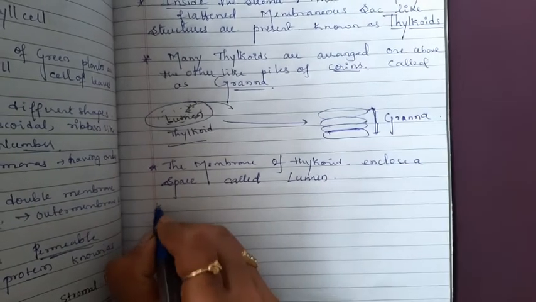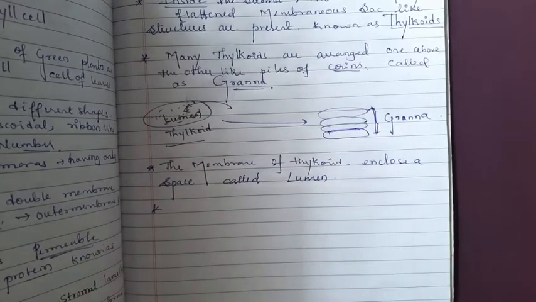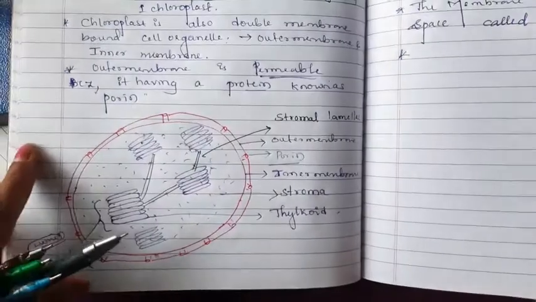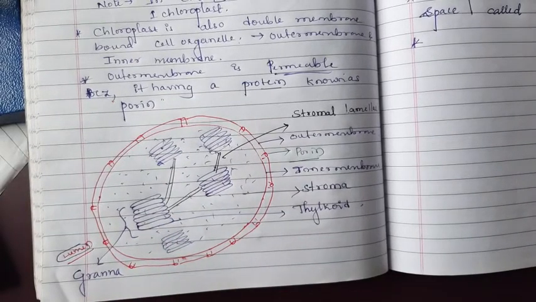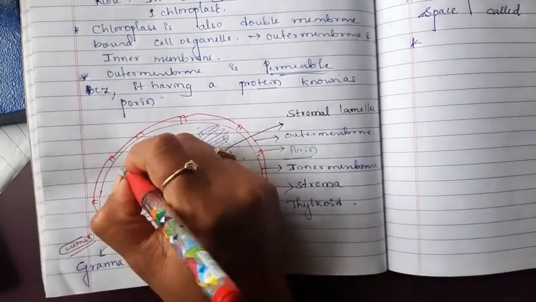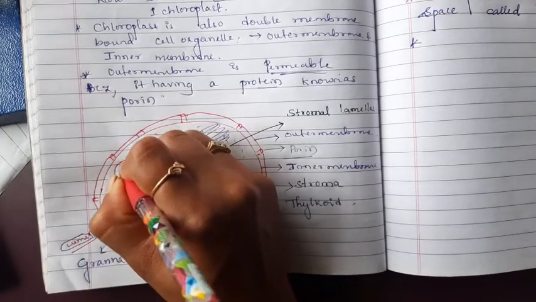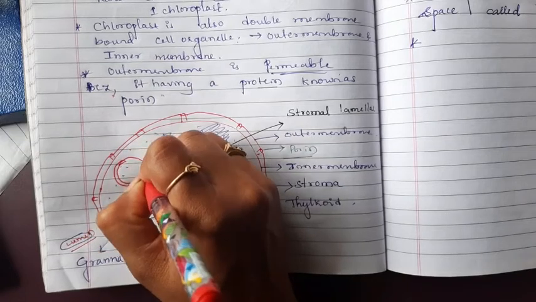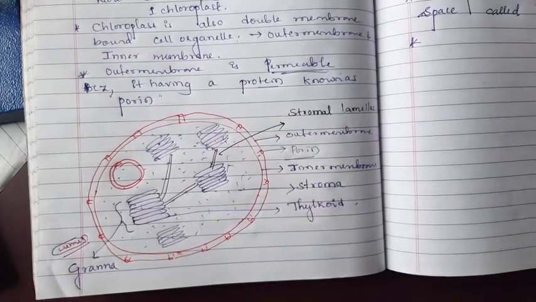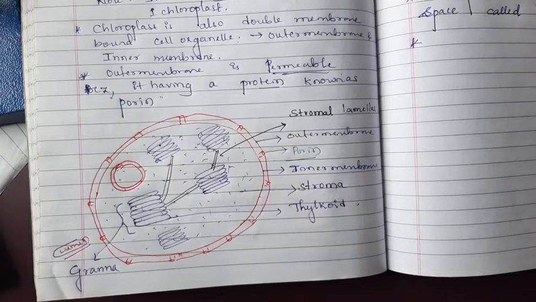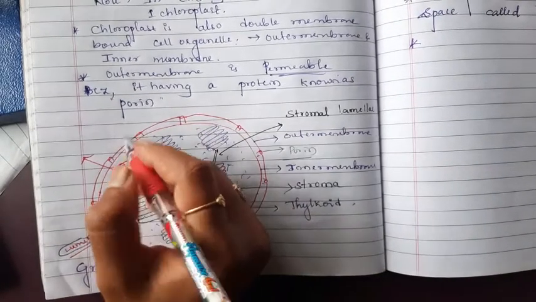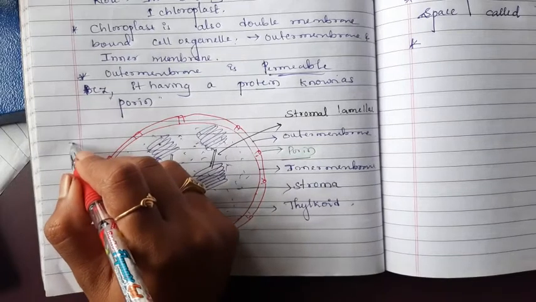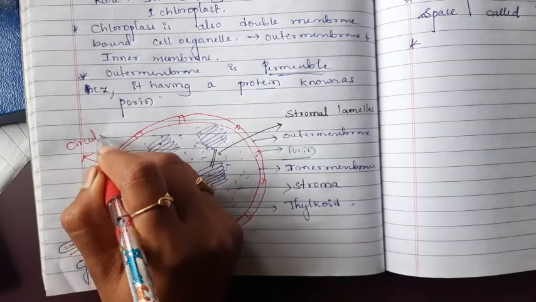Then I forgot to mention one thing: inside the stroma there is a presence of circular DNA, as in the case of mitochondria. Same as in mitochondria, where we talk about the circular DNA present in the matrix. Okay, that is known as a plasmid. Here I will mention this is the circular DNA.